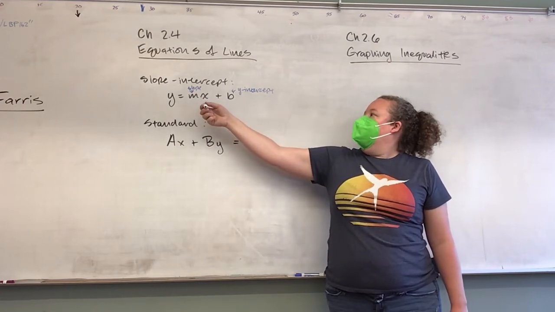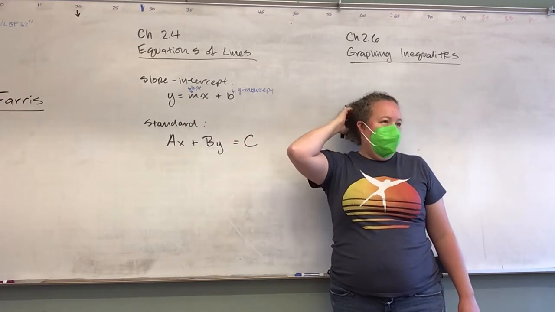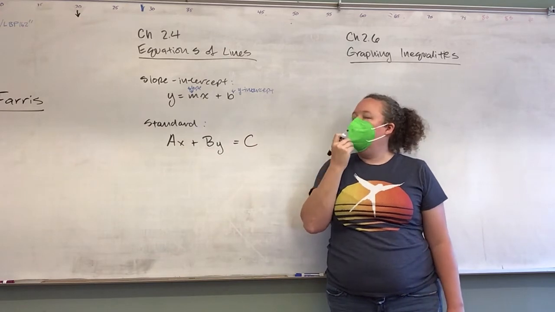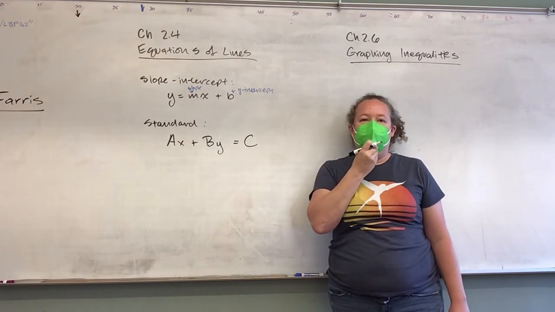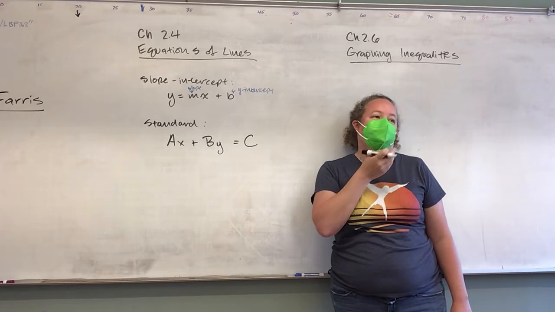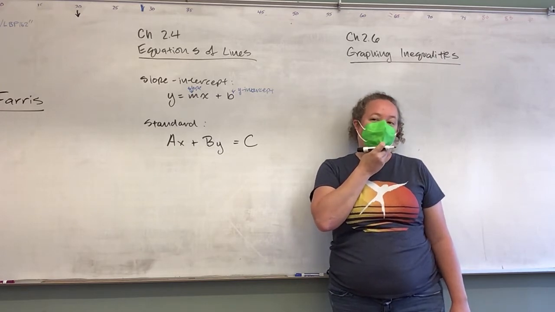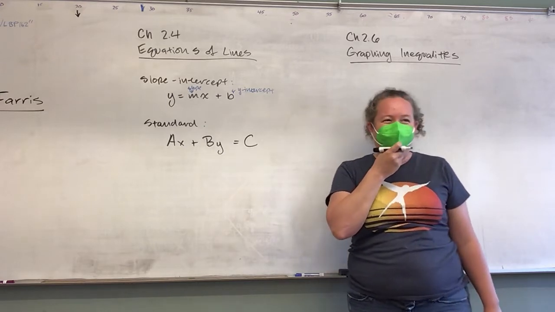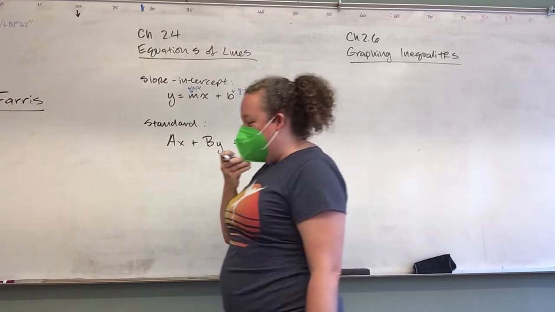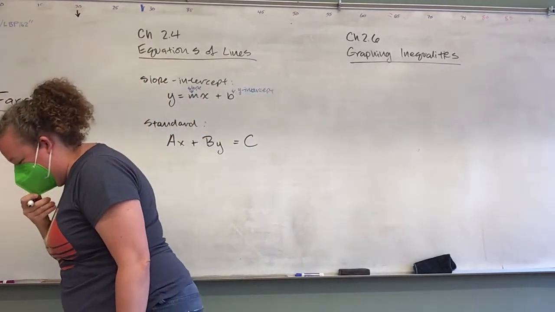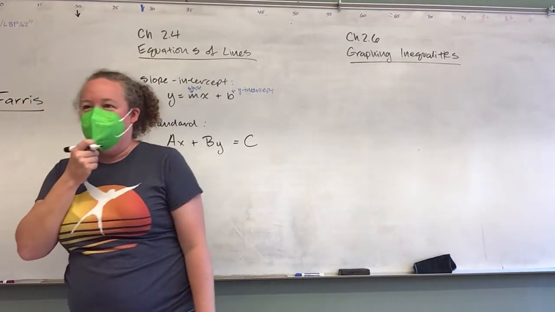We can use this form if we're given the slope of a line and its y-intercept. But what's other information that we could have that would be sufficient information to define a line? How about, let's have everybody turn to page 91 in the textbook.